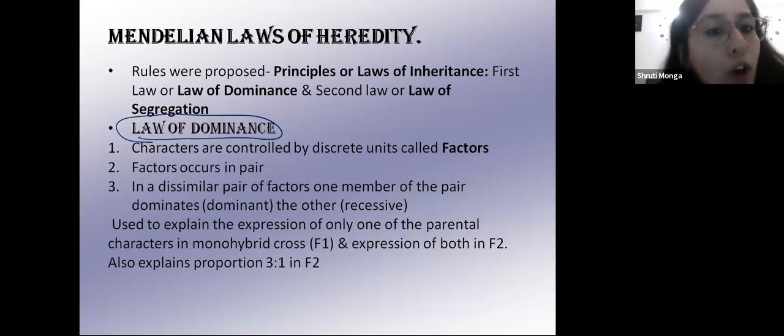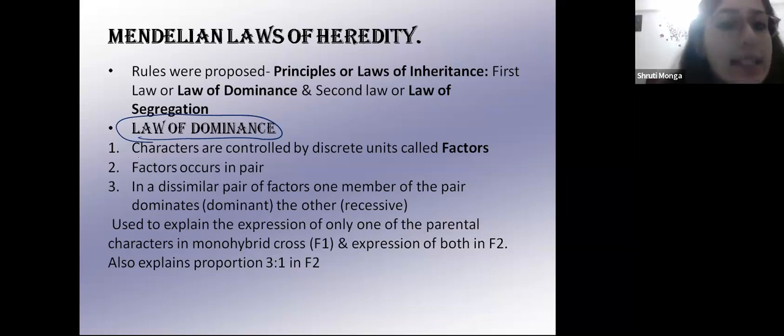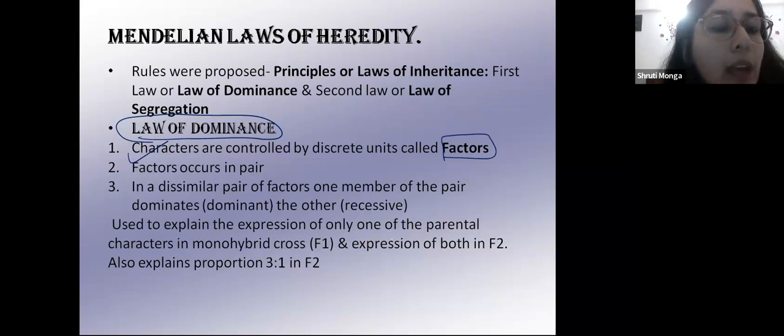What does the law of dominance state? It states that the characters are controlled by discrete units called factors. What is a factor? Mendel at that time did not know about the term gene. The term gene came up very late. So instead of gene, he used the term factors.